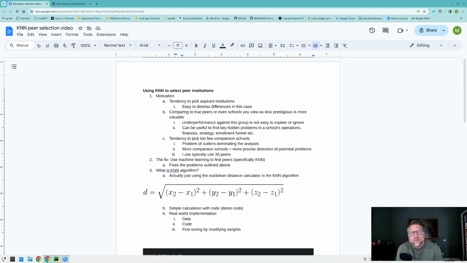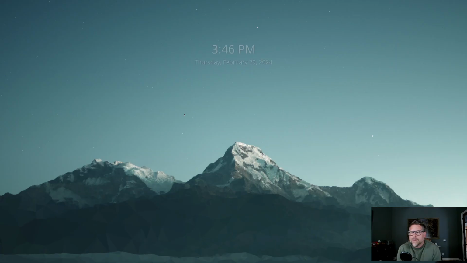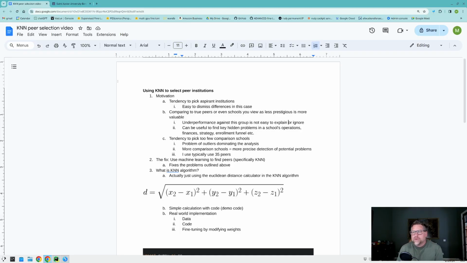Another issue with typical benchmarking studies that I've seen in my career is that there's just a tendency to pick too few comparison schools. The issue with too few comparison schools is that outliers will dominate the analysis for particular variables. You have just imprecision in general.